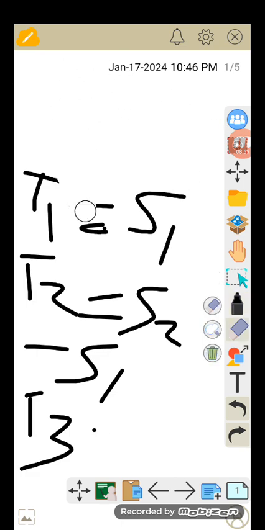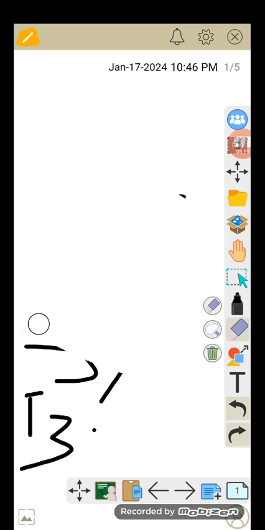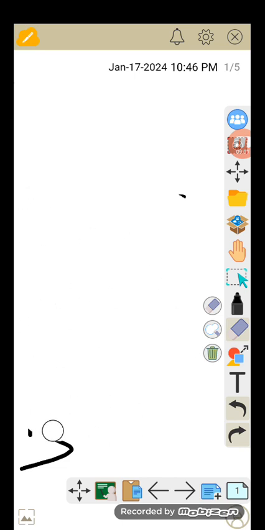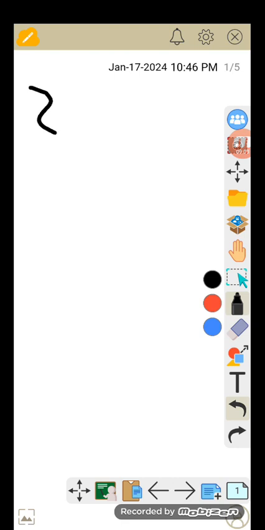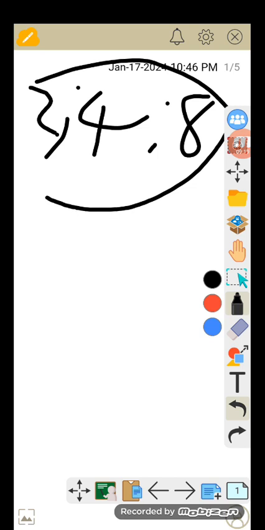I can also prove, guys, listen. Let me just write my sequence for the moment: 2, 4, and 8. I can also prove that this sequence of mine is a geometric sequence.